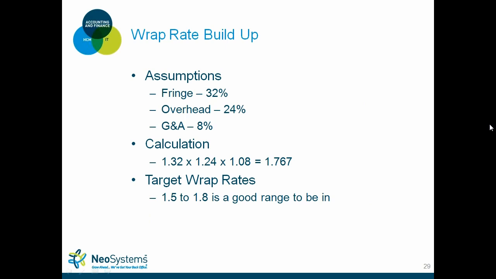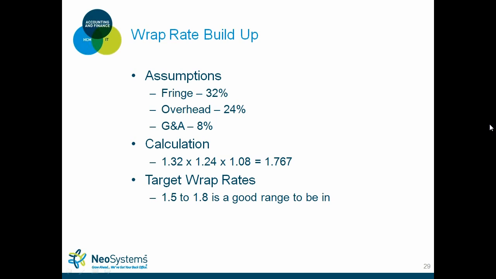So in RFP and government contracting terms, wrap rate is thrown around. Typically nowadays, a lot of contractors and BD folks will say, hey, I need my wrap rate to be around 1.6 or 1.5. Well, this is how you come up with your own wrap rate within your organization.